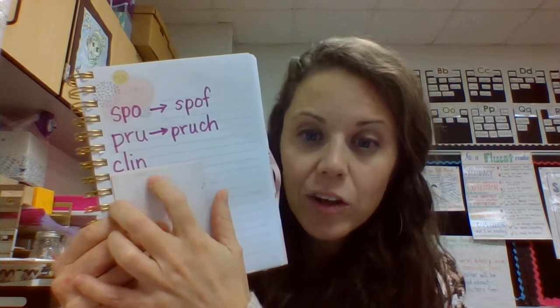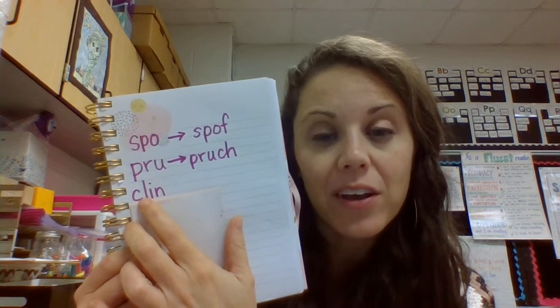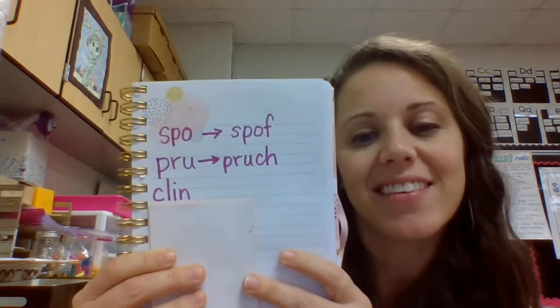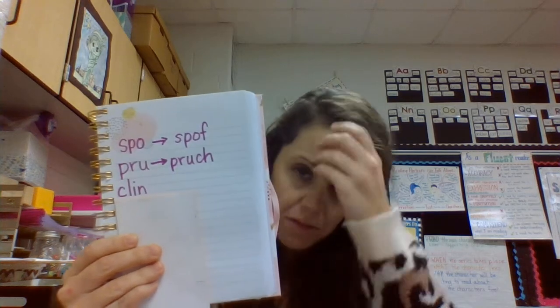That lets us know this is a closed vowel, and more than likely, it would be a short vowel sound. You would read it clin. Not clean or clan, but clin. All right, now I want you to see if you can turn this into an open syllable. What might you do to open this up?